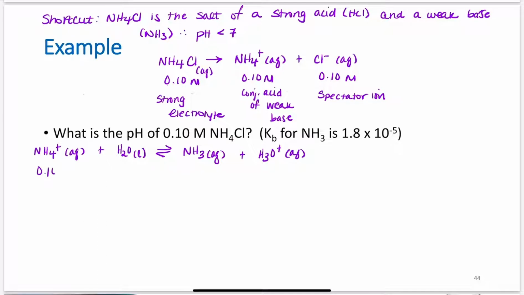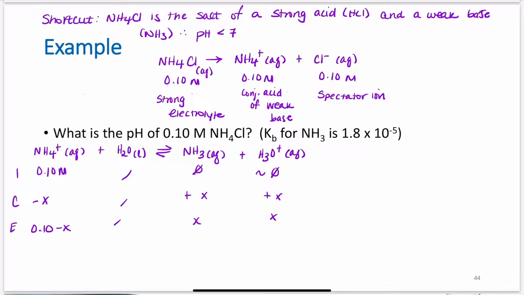I originally had 0.1 molar NH4 plus and no ammonia, and approximately no H3O plus, because the original concentration of H3O plus was 10 to the minus 7th. Change: minus x, plus x, plus x, and at equilibrium, 0.10 minus x, x, and x.